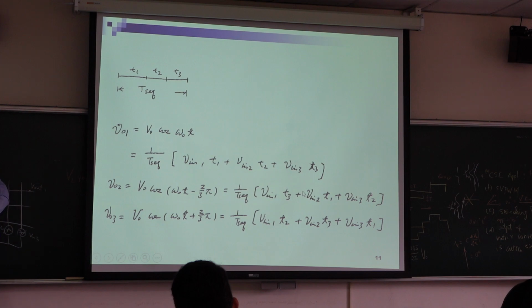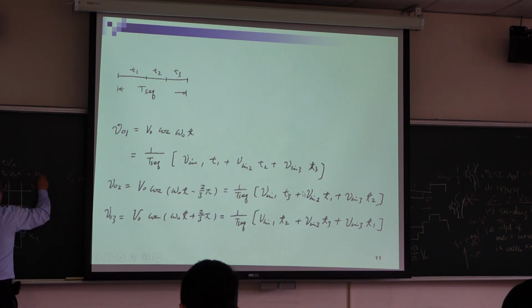So output 1 is equal to this voltage, Vin1, multiplied by this switch T1, plus this voltage, Vin2, multiplied by this switch, plus this voltage multiplied by this switch.